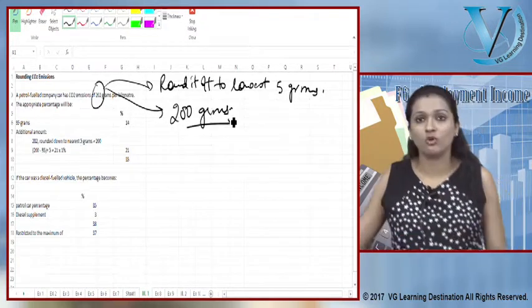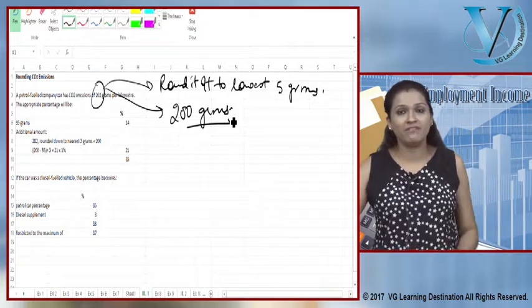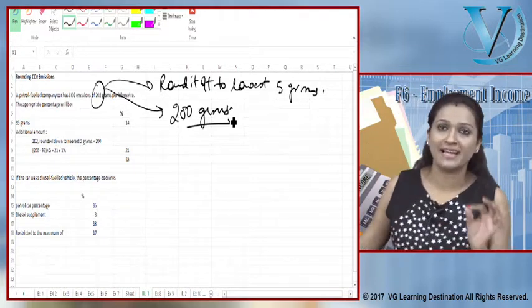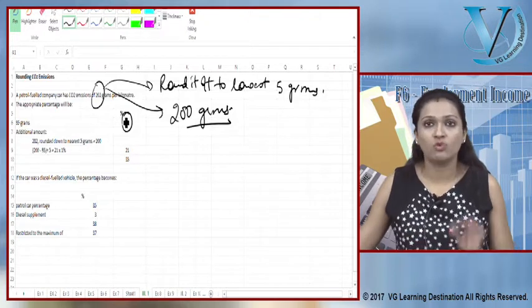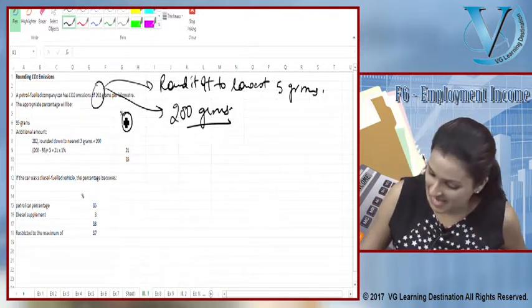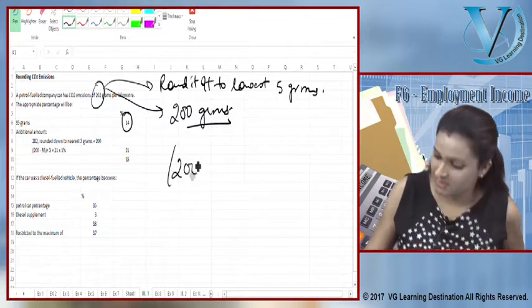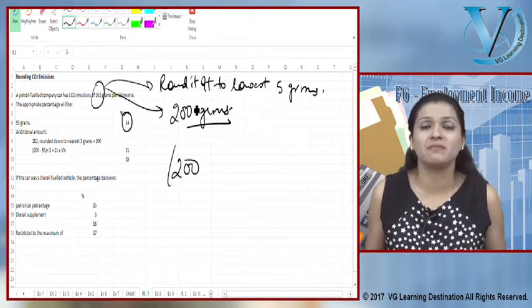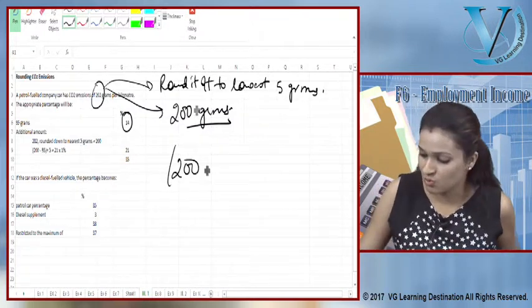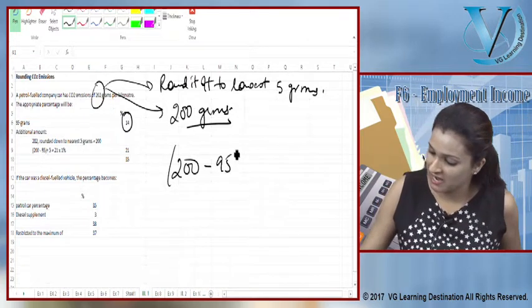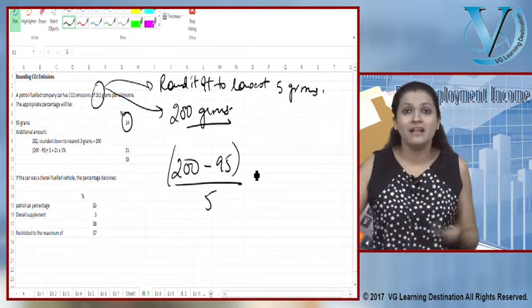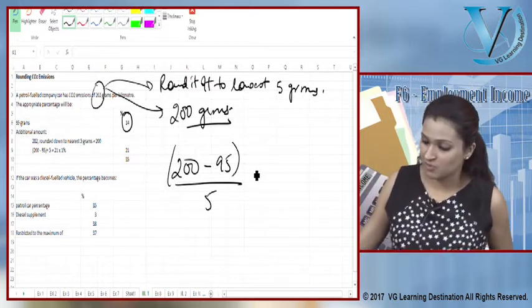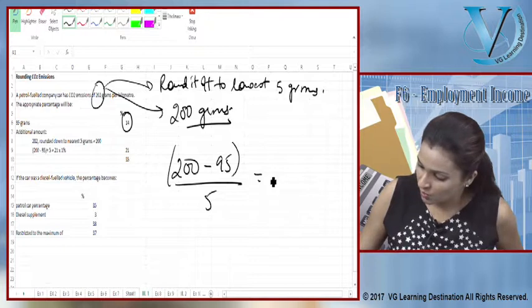So how do you start? To begin with, your 95 gram limit is 14%. Now what do you do as an additional charge? 200 grams is the limit, right? How many 5 grams is it more than 95 grams? 200 minus 95 divided by 5 comes out to be 21.